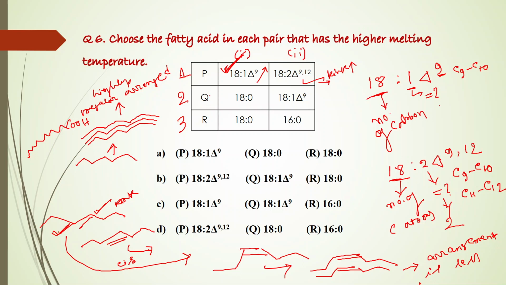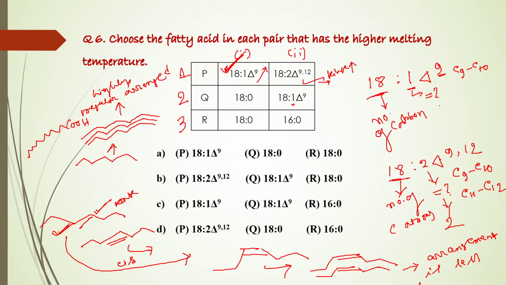Moving to the second one, that is Q. Again, the designation is delta. For the first one, it is written as 18,0. This again means that there are 18 carbon atoms, but 0 double bonds, right? But for the second one in this set, it again has 18 carbon atoms, but 1 double bond.